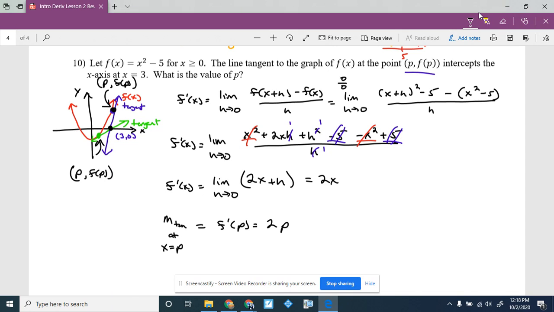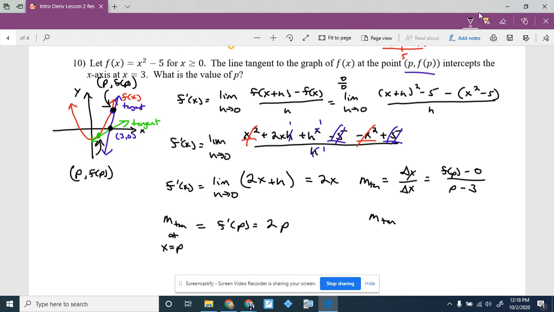So it passed through another point. So how can I represent the slope of this tangent line? Well, change in y over change in x. And my points here are p, f of p and 3, 0. So change in y would be f of p minus 0, over, actually, I'm sorry, over p minus 3. And that's just using the slope formula: subtract the y's over subtract the x's.